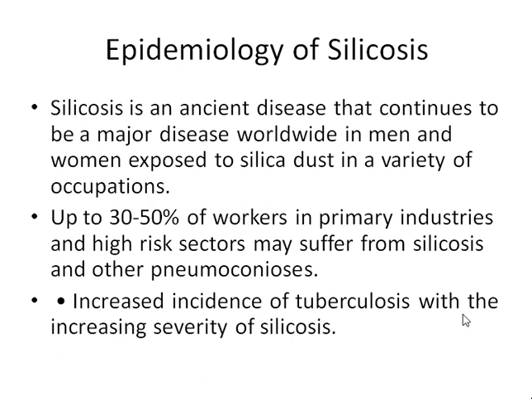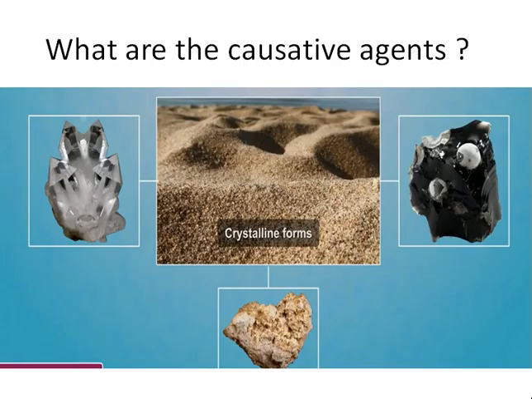So if people suffer from silicosis more, there is a higher chance that the same people would also suffer from tuberculosis. This kind of tuberculosis is known as silicotuberculosis.